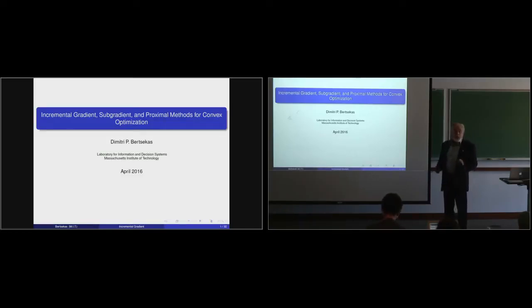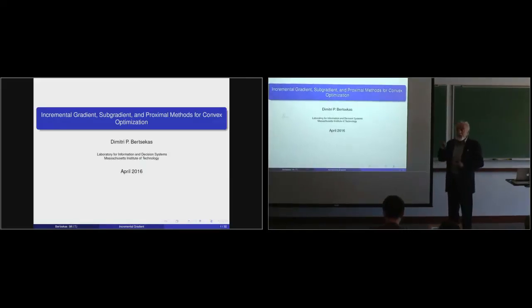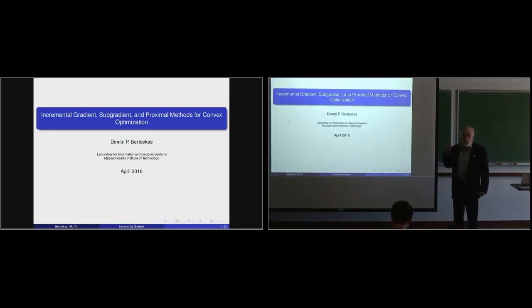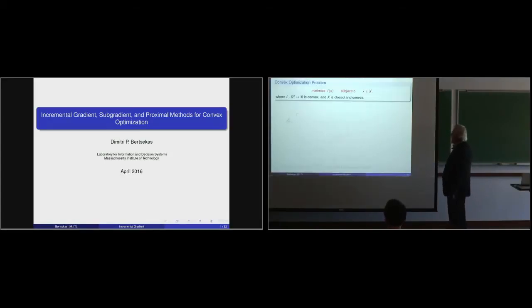These are problems that involve the minimization of the sum of a very large number of component functions. And the idea of incremental methods is, instead of operating with all the functions at each iteration, to just pick one and do a little iteration with great economies in overhead and proceed one by one. So anyway, I'm going to explain this as I go.